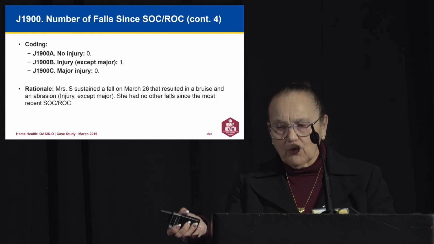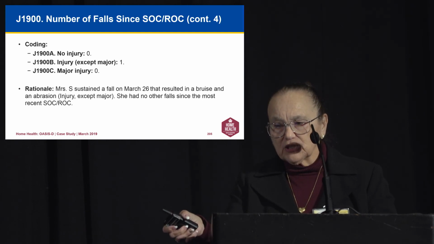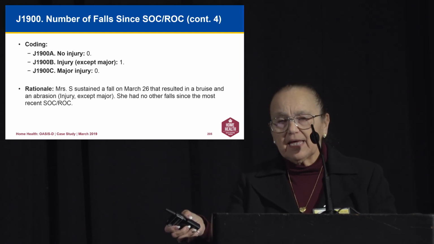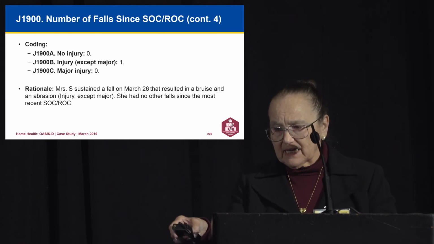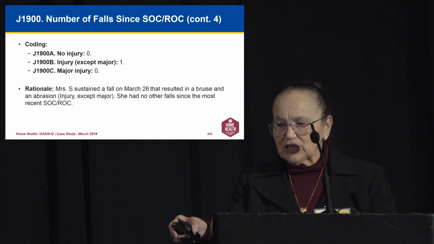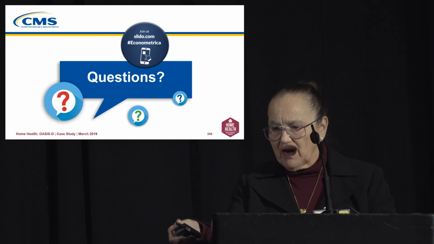That's how it's been coded. J1900A, no injury. J1900B, injury except major, and J1900C, major injury, 0. She sustained a fall on March 26th that resulted in a bruise and an abrasion, and she had no other falls since her most recent start or resumption of care.